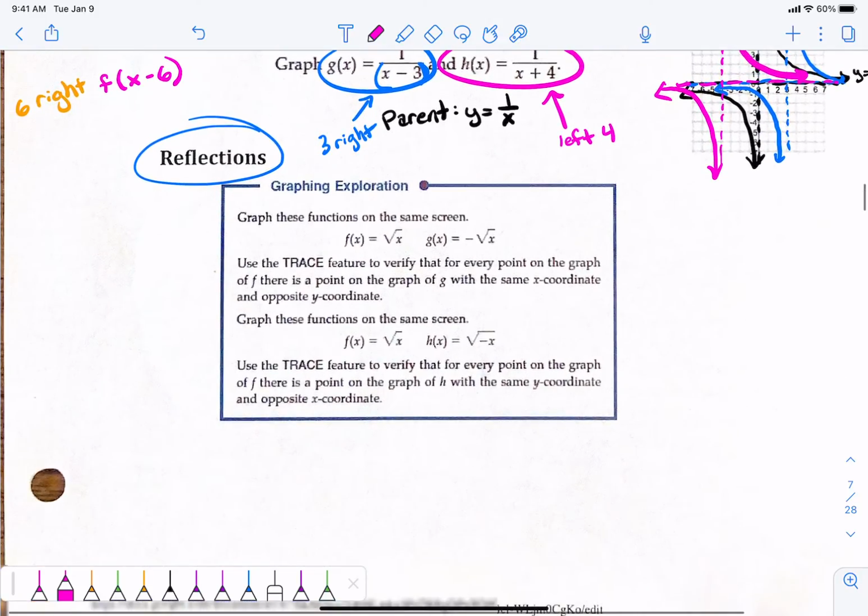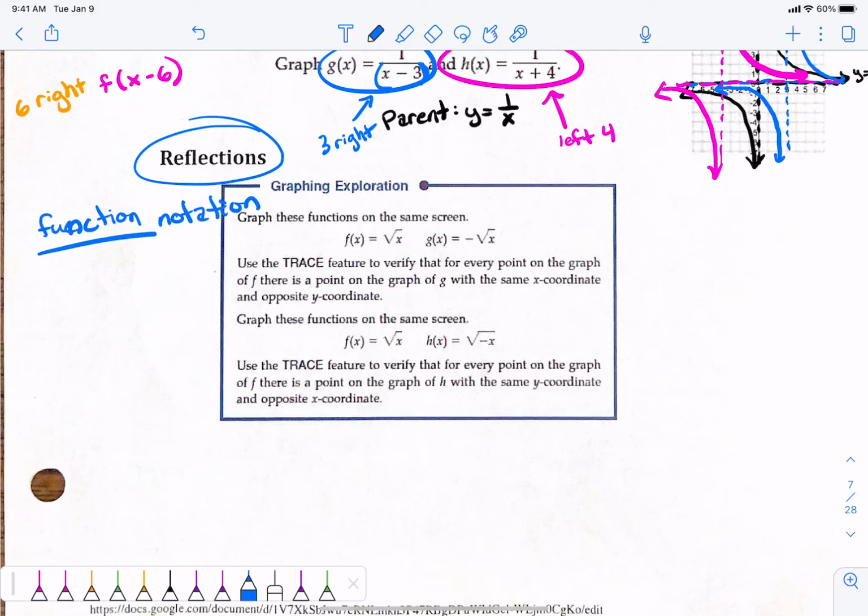All right, reflections. Let's do the function notation for reflections. If you're reflecting over the x-axis versus reflecting over the y-axis, your parent, again, is just f of x, whatever that f of x is.